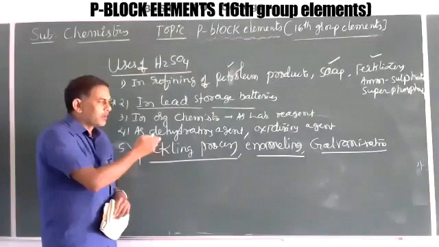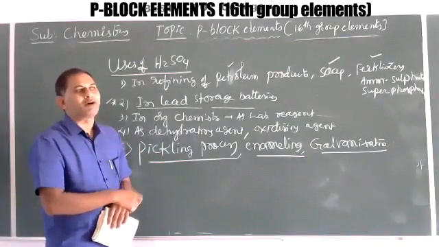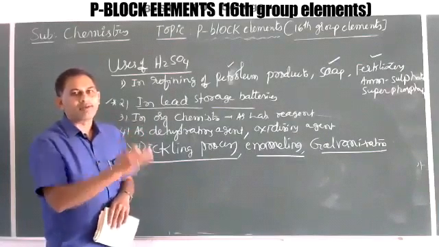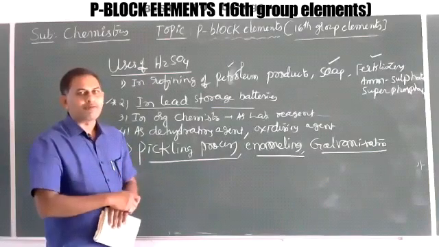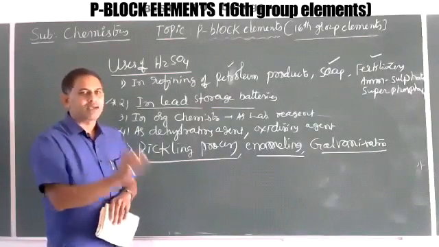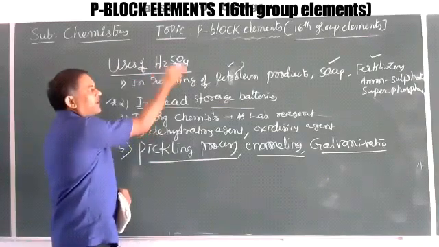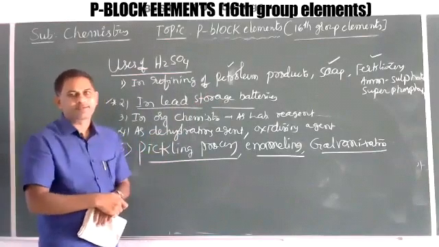Here enameling, pickling or galvanization means, before coating with oils or paints on the surface of iron or any metallic rods, such rusted metallic rods are cleaned first with sandpaper, then cleaned with sulfuric acid, and finally coated with some oils or paints.